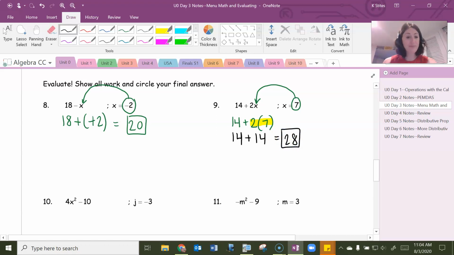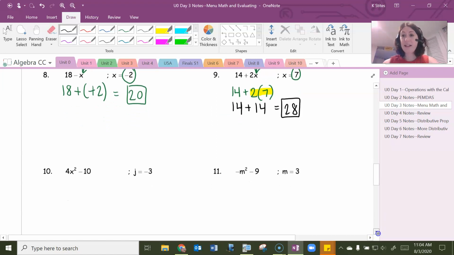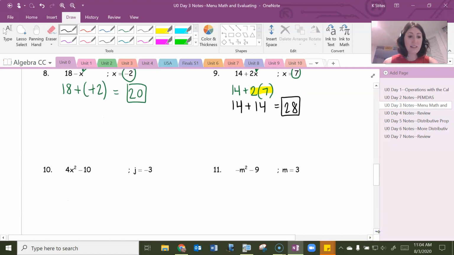All right, and then the last two, we've made this a little more challenging because we have some exponents. You still really want to make sure that you're putting the number in parentheses. So this -3 is, oops, this should be a J, or that should be an X. So go ahead and fix that. Let's see, oh, it's fine on yours.